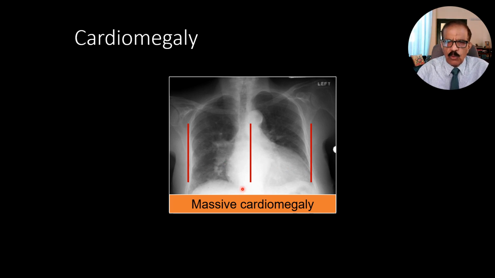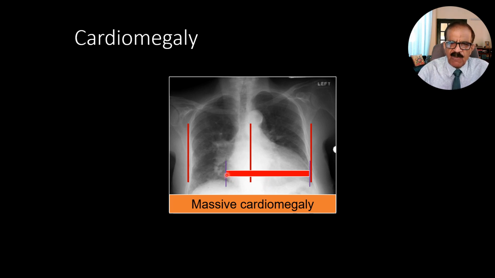Now let's do the same with the heart. We draw two vertical lines corresponding to the right cardiac border and the left cardiac border. So these are the lines, and this corresponds to the most convex part of the right cardiac border, and this one most convex part of the left cardiac border. And the distance in between is the cardiac diameter.